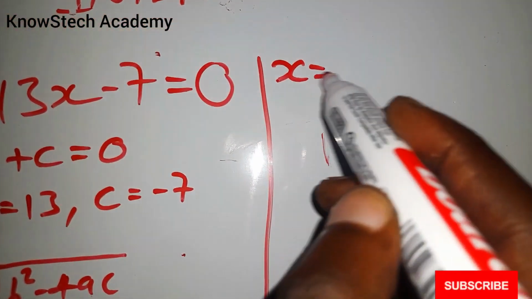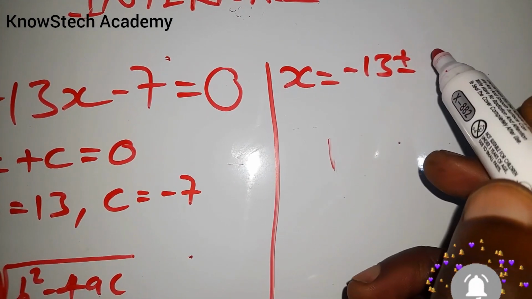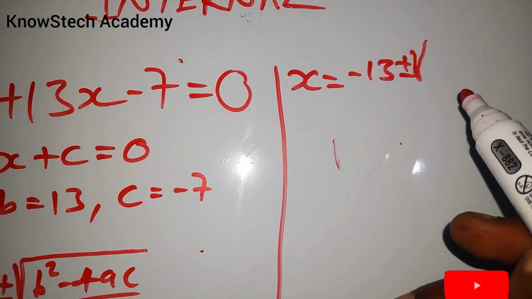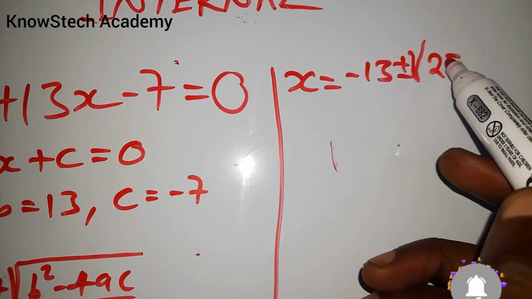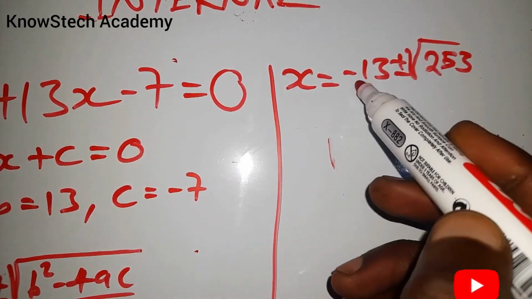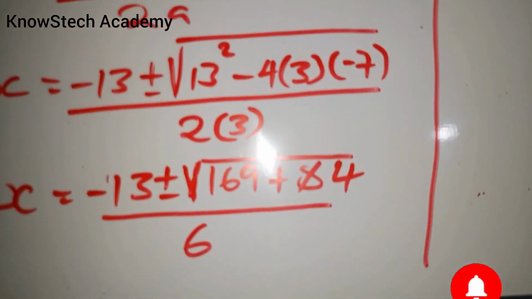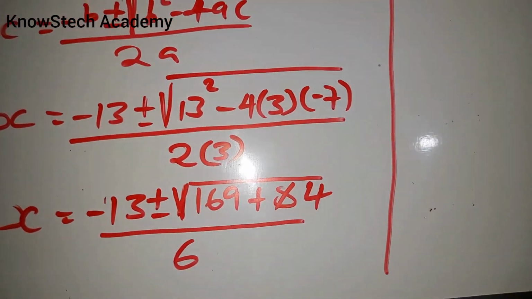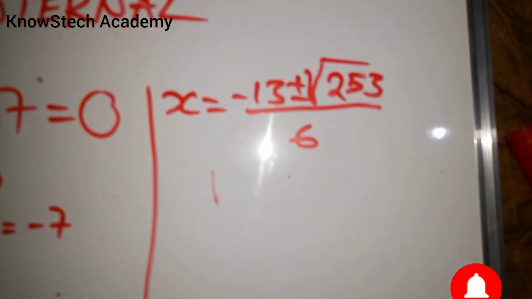x is equal to negative 13 plus or minus the square root of 253 over 6. When you add 169 and 84, we should get 253.